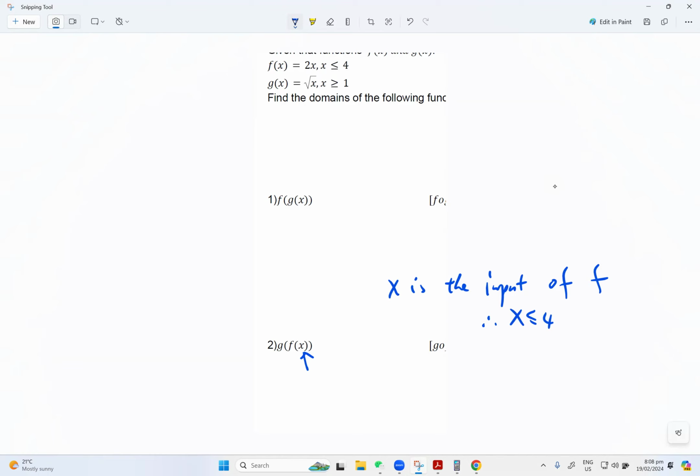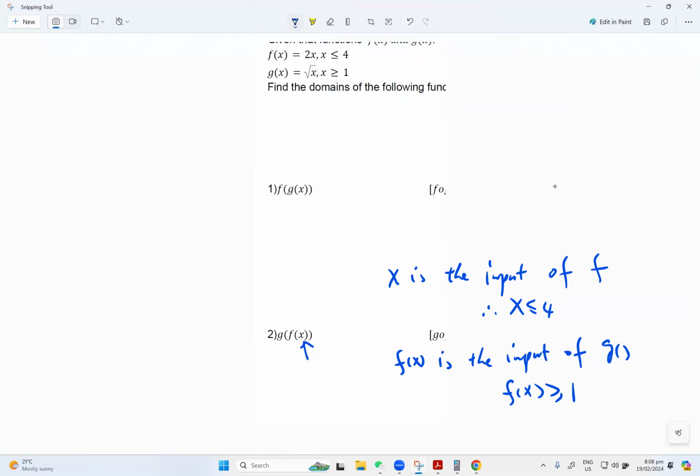Second, F(x) is the input of G. So F(x) bigger than or equal to 1. How did we get there? Just here 4, here just 1. The question I designed is not easy.